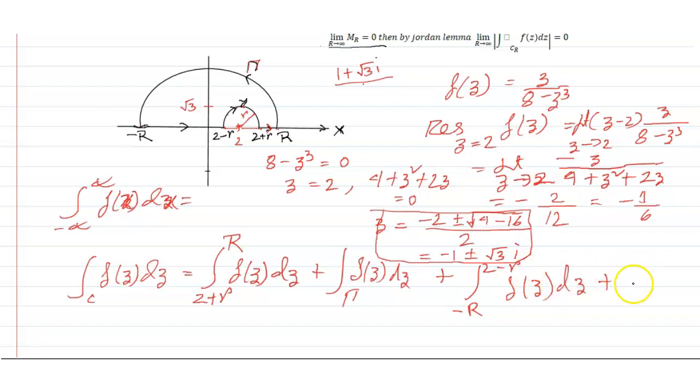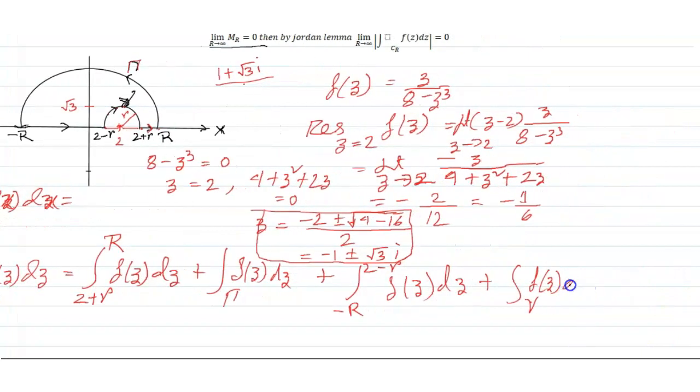The path is like a gamma path, so I write gamma and f(z) dz.